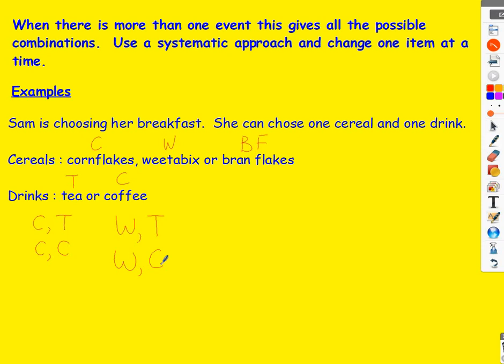No other options if I'm having Weetabix, so I'm going to go on to the third cereal, bran flakes with tea, or I could have bran flakes with coffee. So that lists now all the possible outcomes, the 6 different combinations that Sam could choose for her breakfast.